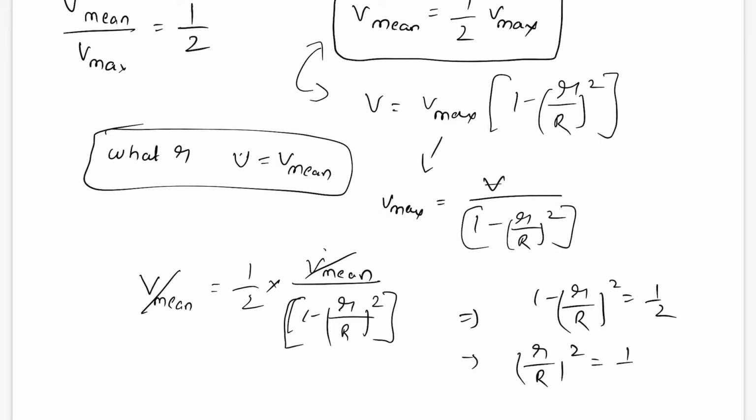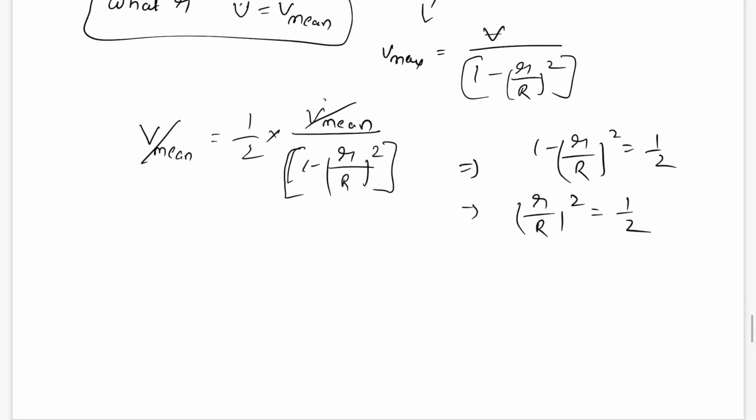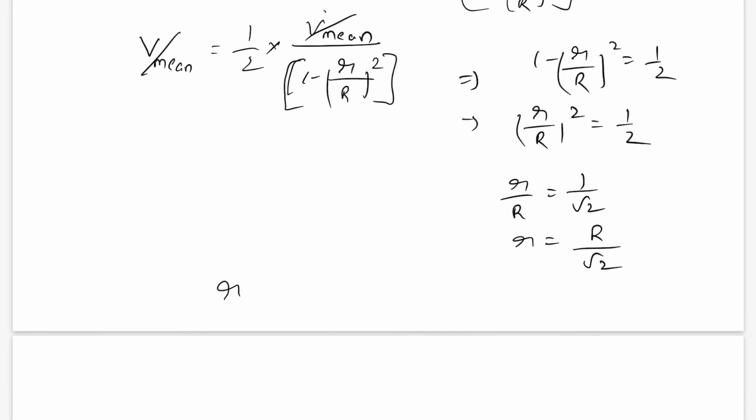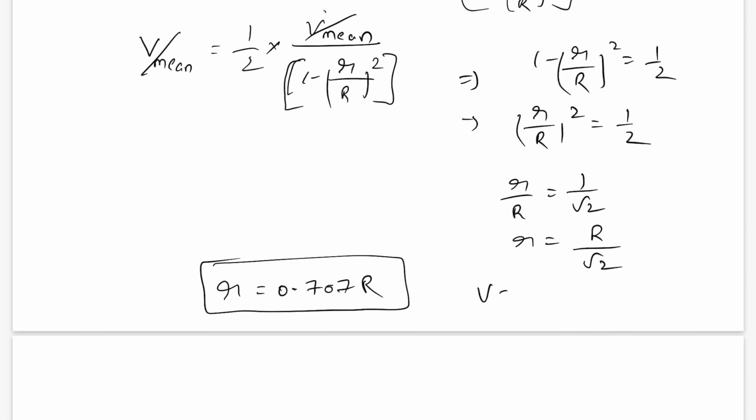Small r by capital R whole square is equal to 1 by 2. Small r by capital R is equal to 1 by root 2. Small r is equal to capital R by root 2. In terms of numerical values, what will we get? Small r is equal to 0.707 capital R.